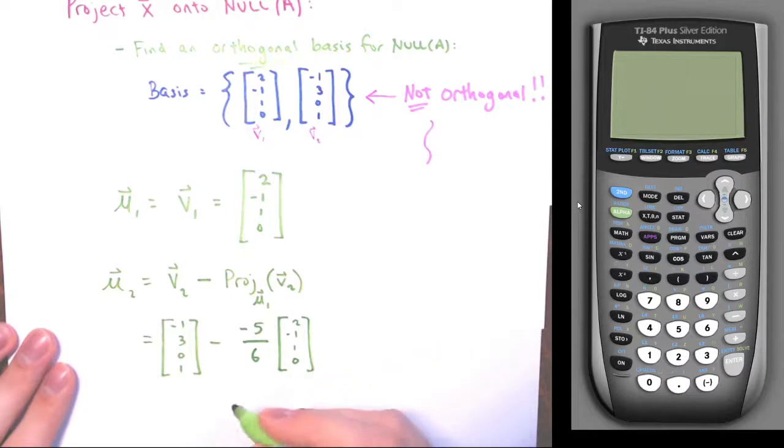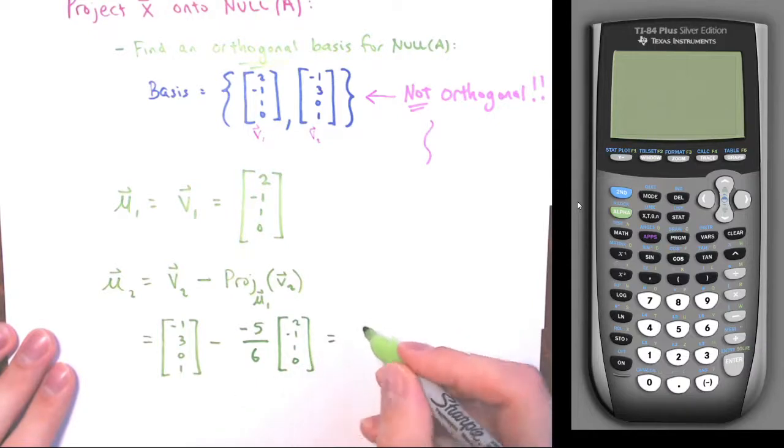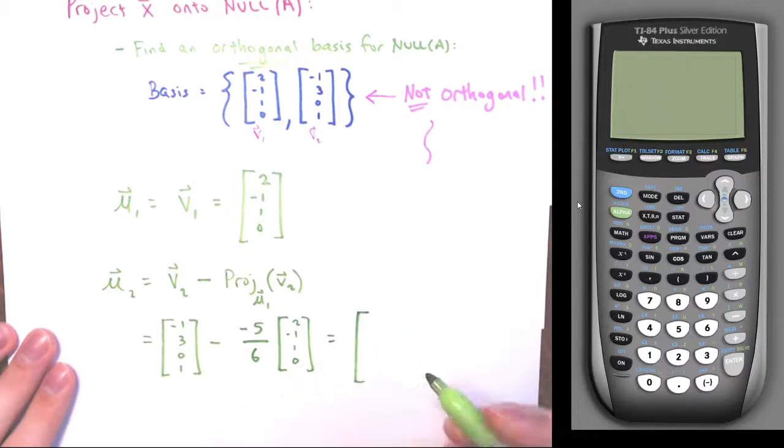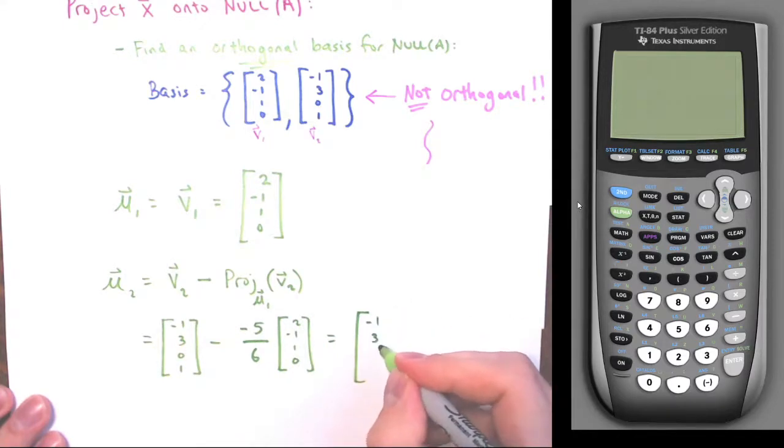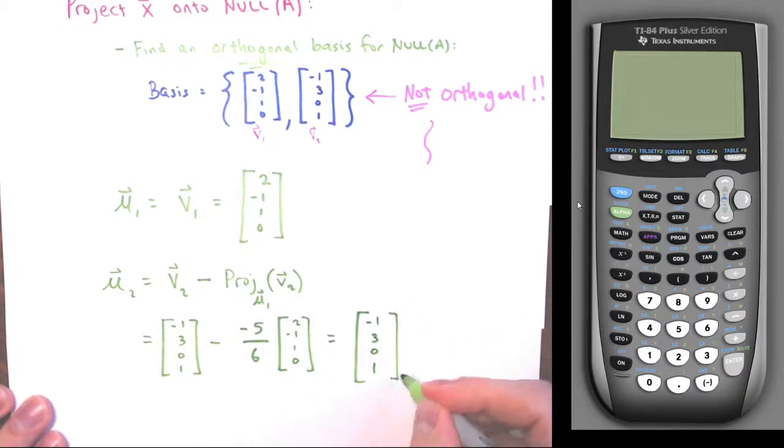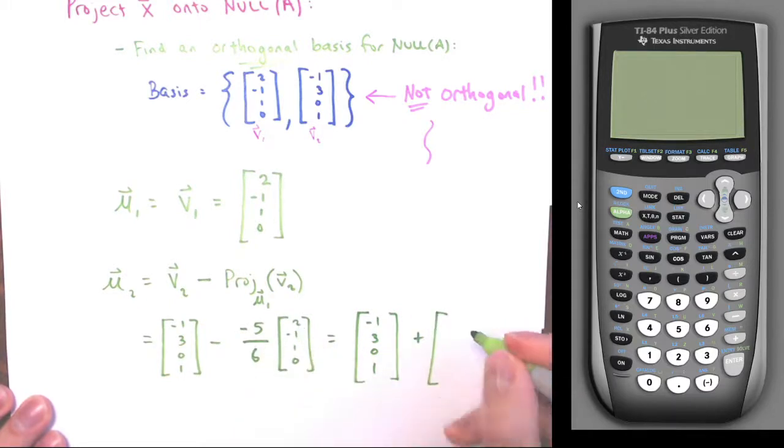So this gives me a new vector. Remember, this is plus 5/6 times u1. I'll just write it out. -1, 3, 0, 1, and this is positive 5/6 times that, so plus, and then 5/6 times 2 would be 5/3. Then positive 5/6 times -1 would be -5/6.